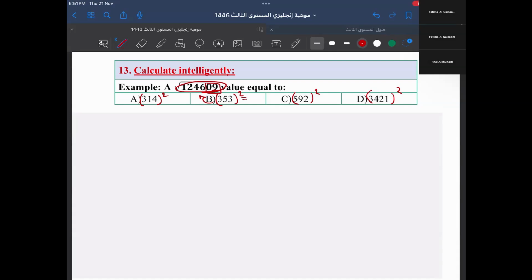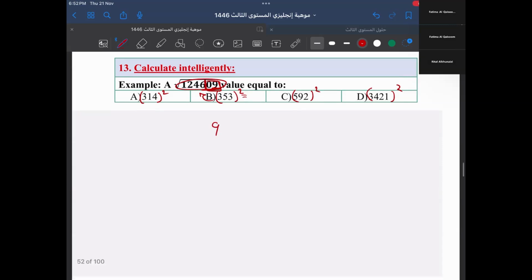So I see the first digit and I see that it's 9. 9 cannot happen in a squared number unless the original number's digit is 3. Why? Because 3 times 3 would equal 9. So the only choice is if the last digit is 3.